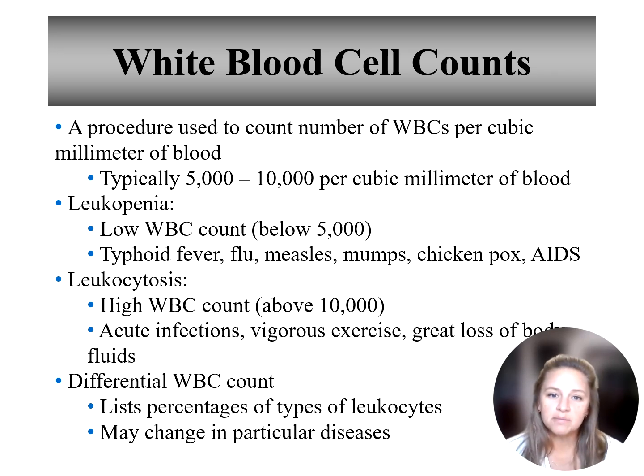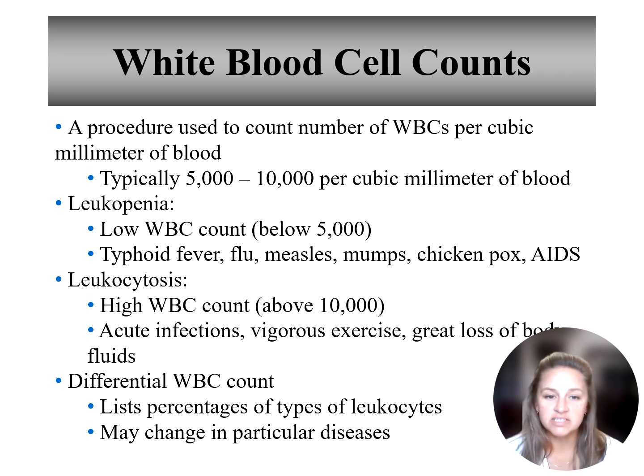A low white blood cell count indicates that you could be dealing with one of these symptoms. Leukopenia is what that is called. You also could have leukocytosis if you have a high white blood cell count, which shows that there's an acute infection that you're fighting. So an infection could result in either a high white blood cell count or a low white blood cell count, depending on what type of infection it is and how your body is responding to it.